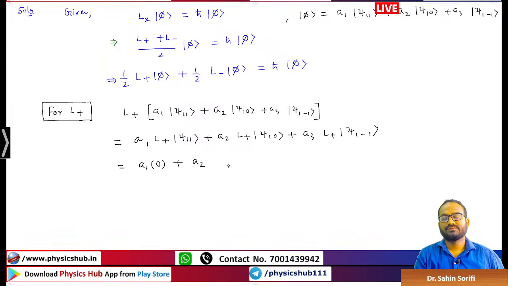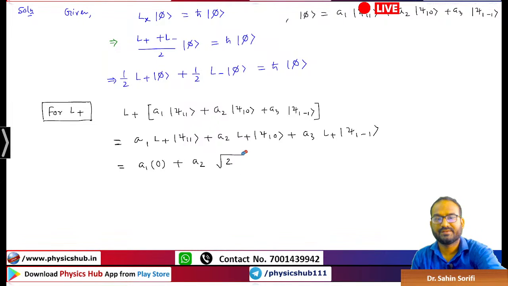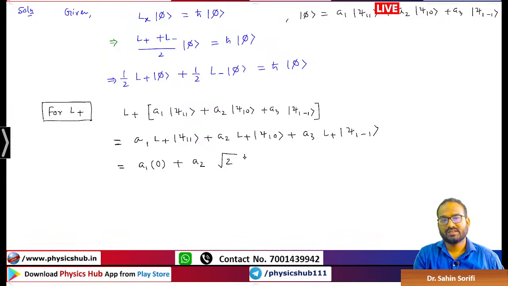Square root of l into l plus 1, so square root of 1 into 1 plus 1, so square root of 2. And minus m into m plus 1 is 0, so that part is not coming, ħ. Now L plus will make m to m plus 1, so 0 becomes 1. Clear? Plus a3 L plus operating on psi 1 minus 1.